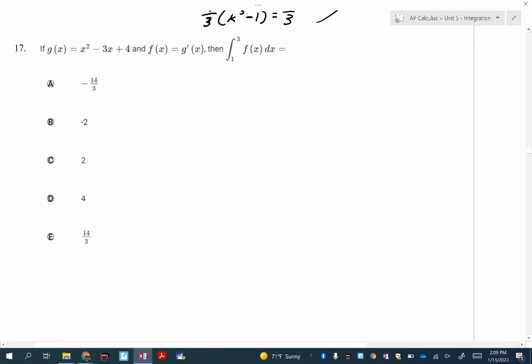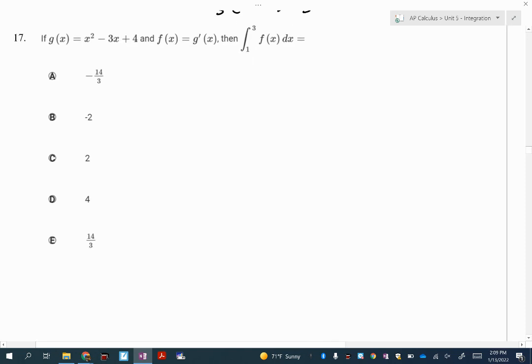All right, 17 says if you have a g of x function and f of x equals the derivative of that g of x function, and you want to do the integral from 1 to 3 of that f of x function, going backwards, you could write it like this if it helps your brain. F of x is the same as g prime of x. You learned from the fundamental theorem of calculus part 1 that the integral and the derivative are inverse operations.